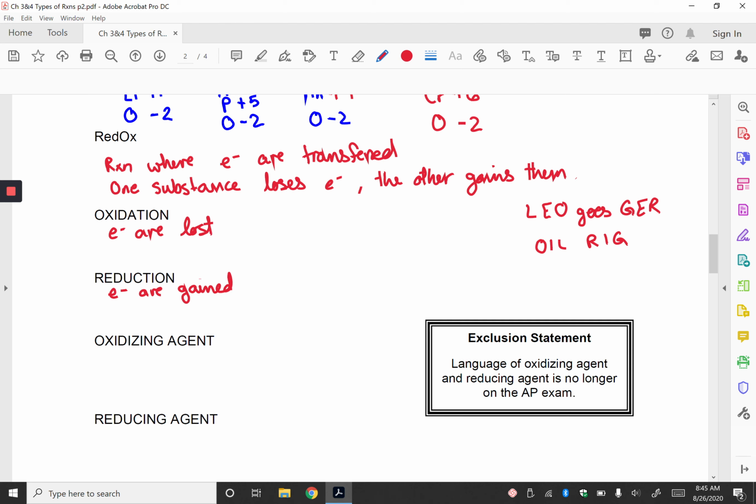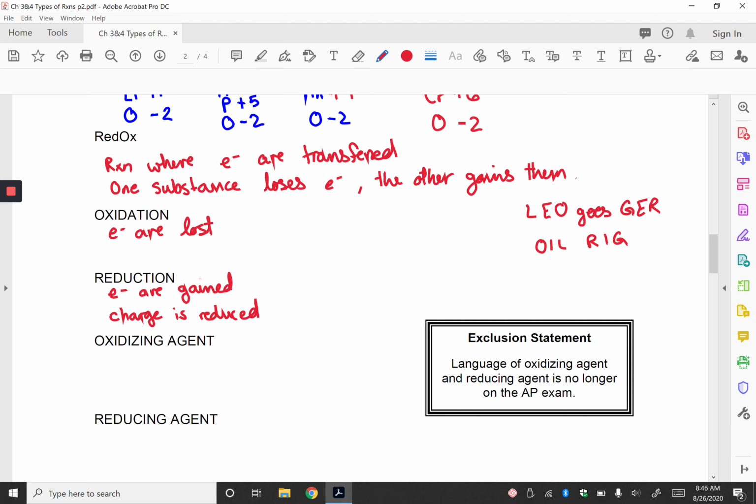Now, I think reduction is much better named than oxidation, because with oxidation you think like you're adding oxygens, which is not really always the case with oxidation, but reduction I think is a good name for it, because when we are talking about reduction, the charge is reduced. And this is actually how I think about it.